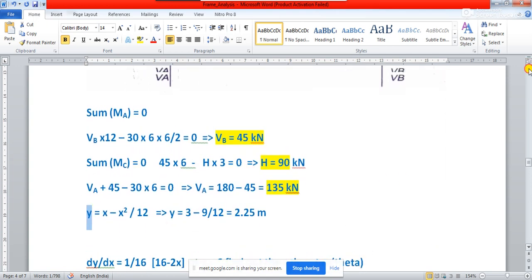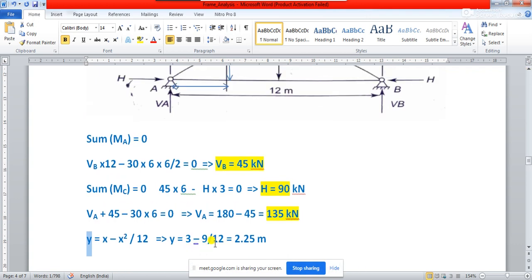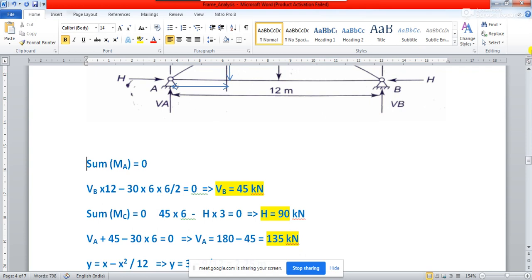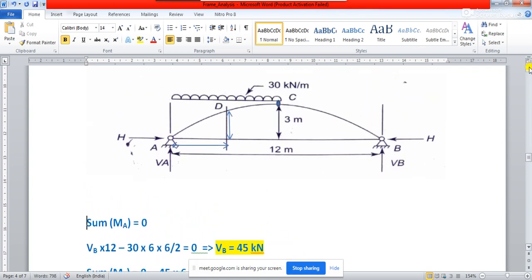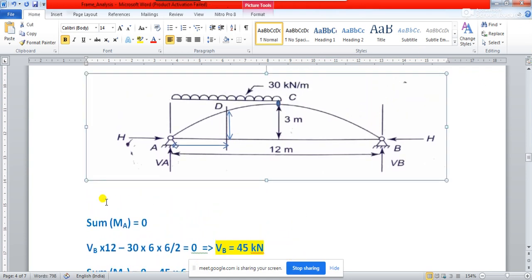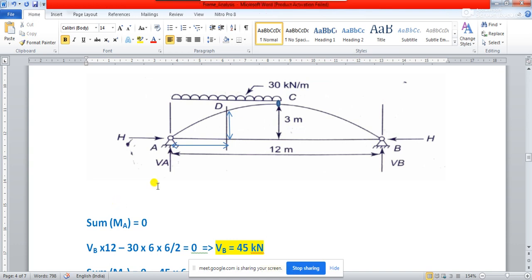Okay. Now once you have found out this value of y, let me write it on the top, because then you can correlate the figure also. So if I want to find out the moment about D, what will be the value of MD?